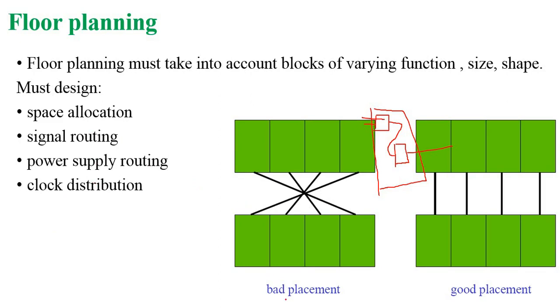So this is a bad placement, and this is a routing one. If we connect the spaces like that, it is not a good placement. It is a bad placement. This is the good way to connect the signals. So these are all about floor planning.